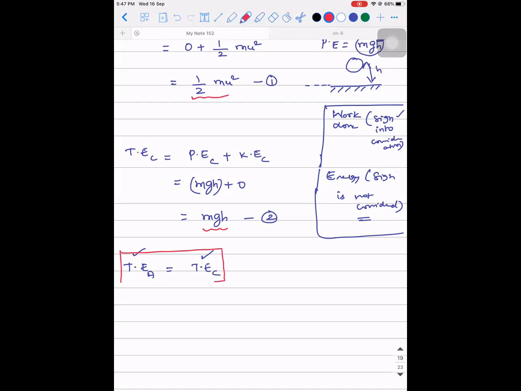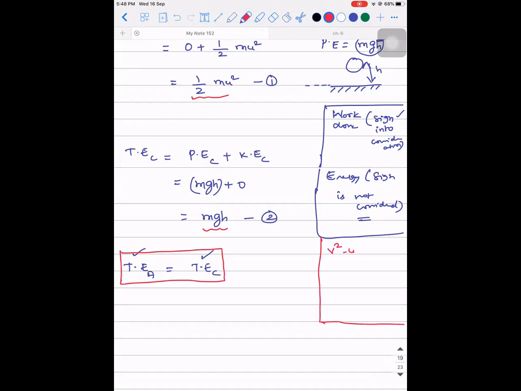The statement of the theorem says that the total energy at A should be equal to total energy at C. But mathematics is saying that half mu square cannot be equal to mgh because they are different parameters. Except m, nothing is common in both. So what we will do is we will try to understand from the equations of motion.